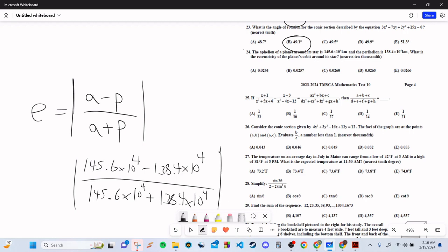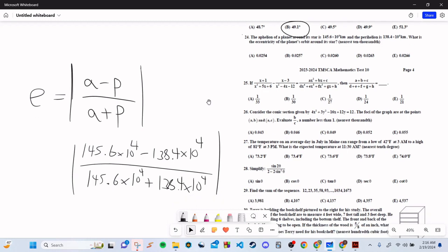Take the absolute value of that. So typing this out, we end up with an eccentricity of 0.0254. And so that will be answer choice A.